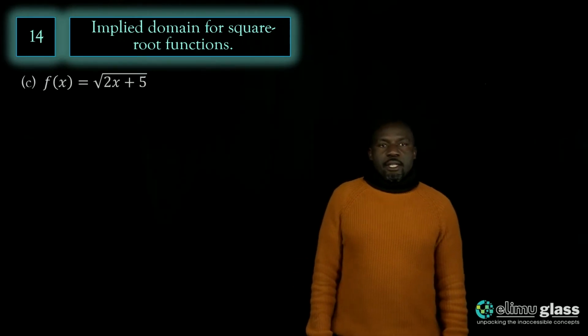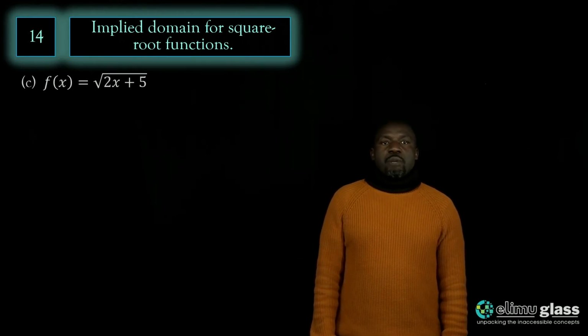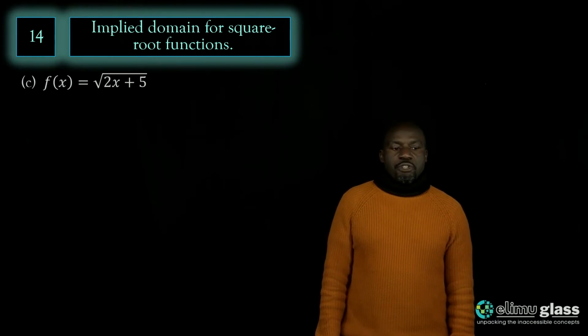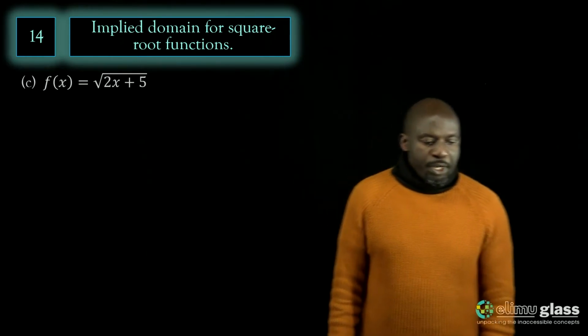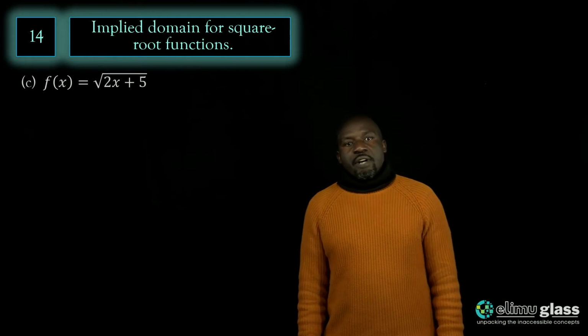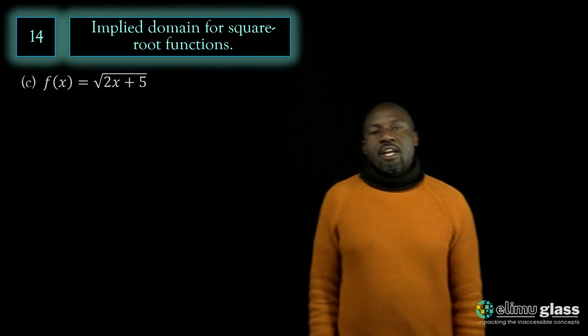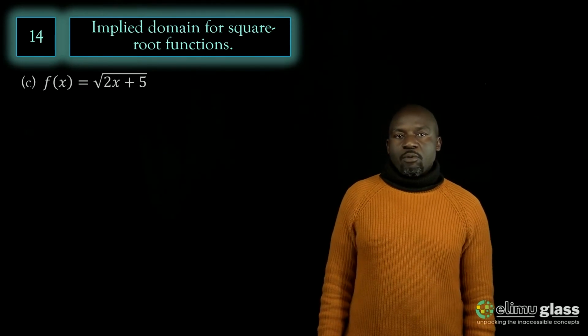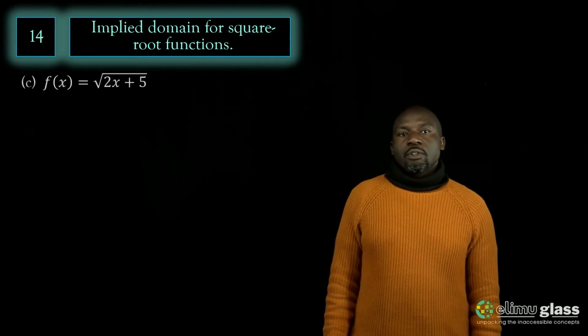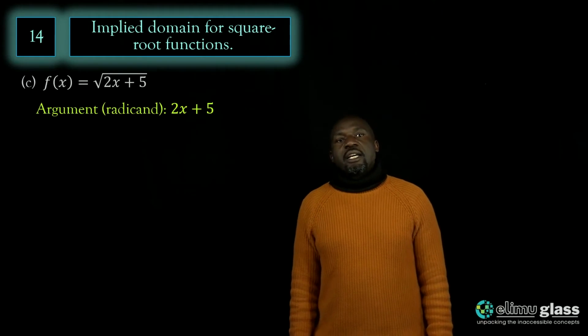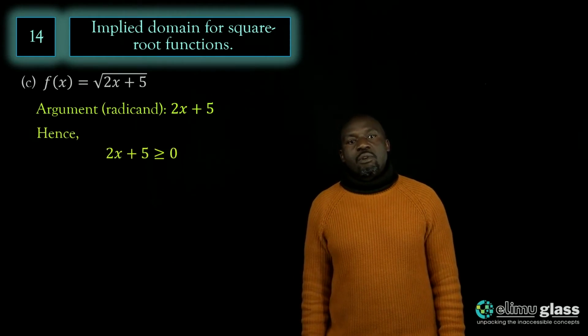Okay, here's another one. You can pause the video and try it out yourself, but once again, we reason that the radicand, or the expression in there, 2x plus 5, has to be greater than or equal to 0. So that's the radicand there. It has to be greater than or equal to 0.